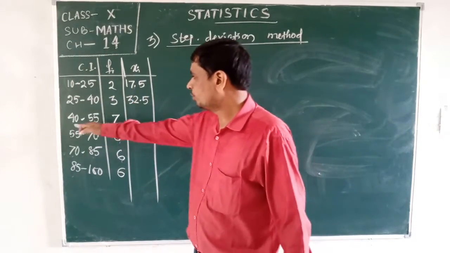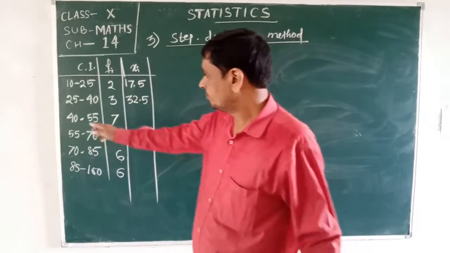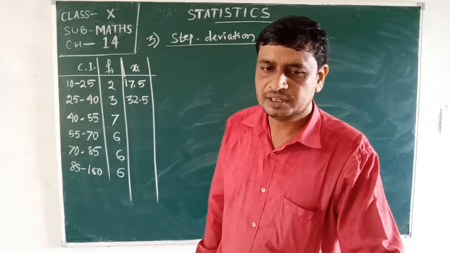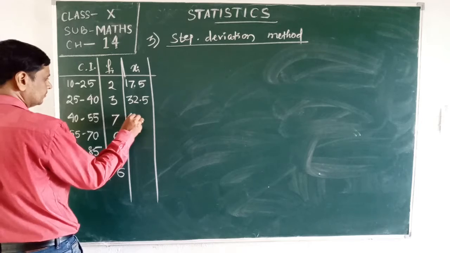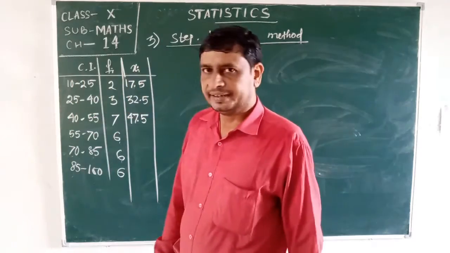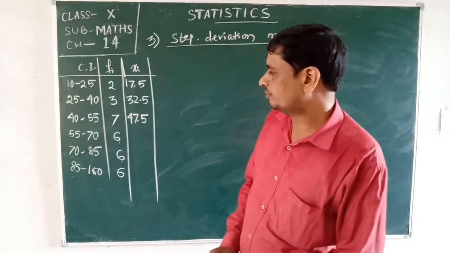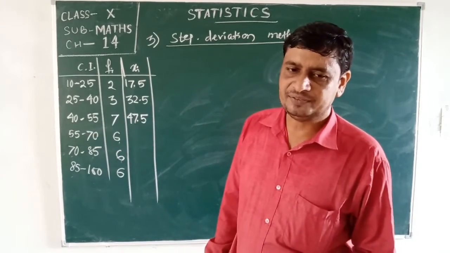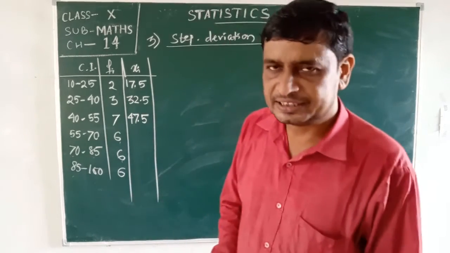For the class 40 to 55, the class mark will be 40 plus 55, that is 95, by 2 is 47.5. Next, for the class 55 to 70, we add both the class limits 55 and 70. It becomes 125, and we divide this 125 by 2 to get 62.5.